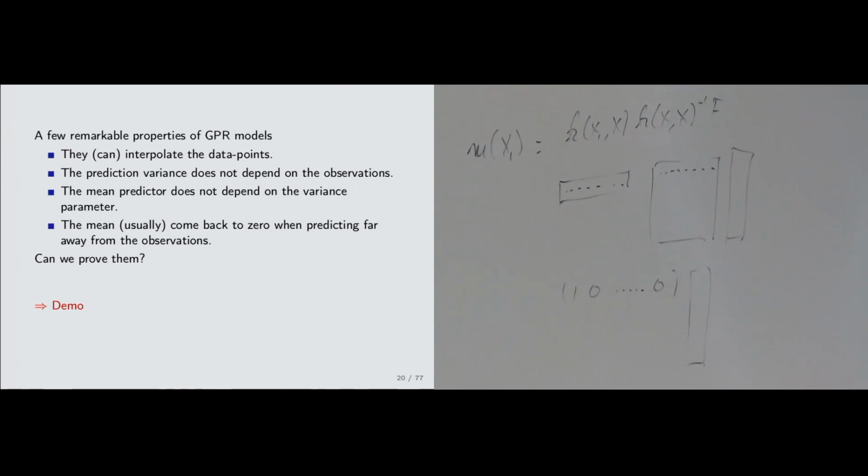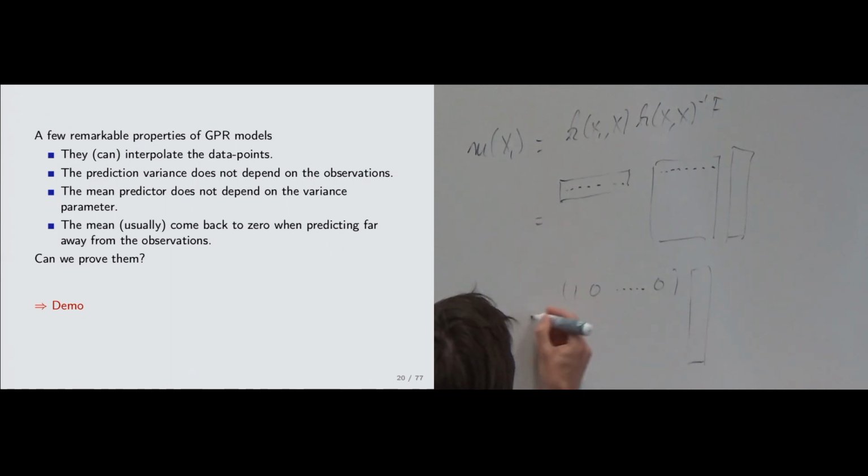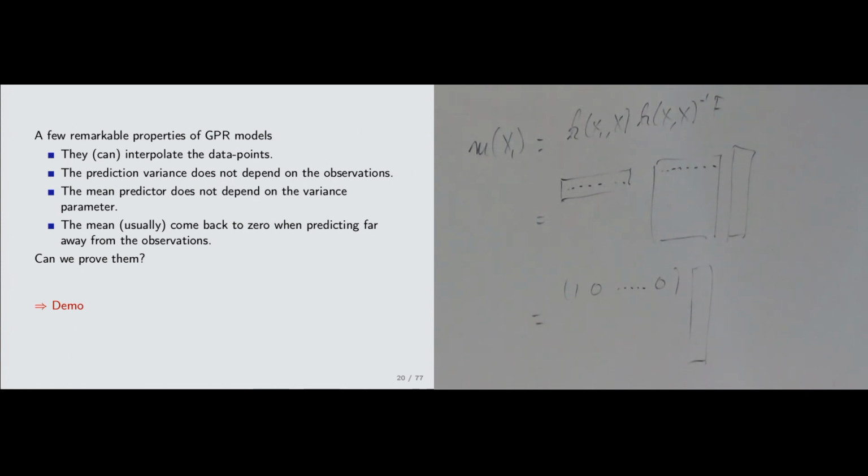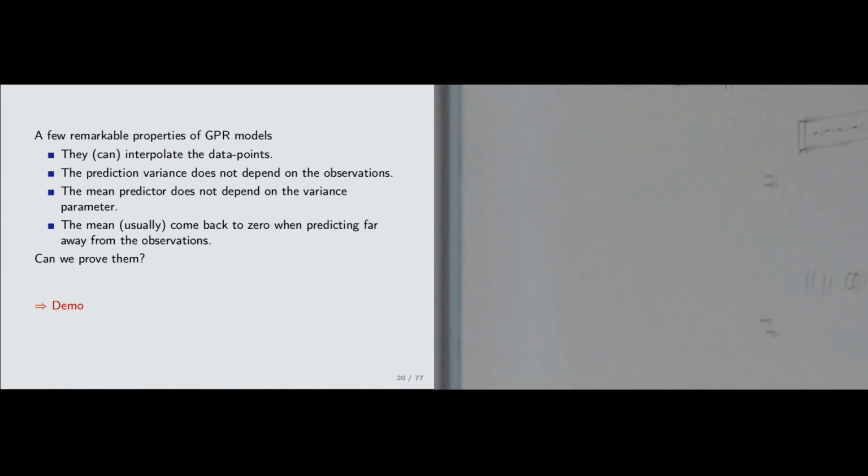When you multiply a matrix by its inverse, you end up with the identity matrix. So if you multiply the first line of the matrix times its inverse, you end up with the first line of the identity matrix. This product will just select the first value in our observations, f1. So we've just shown that the mean predictor is exactly equal to the value we have observed there.